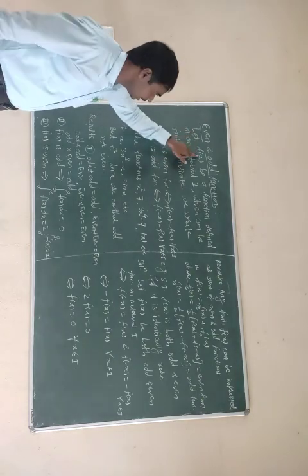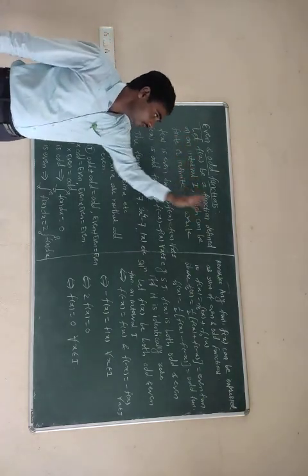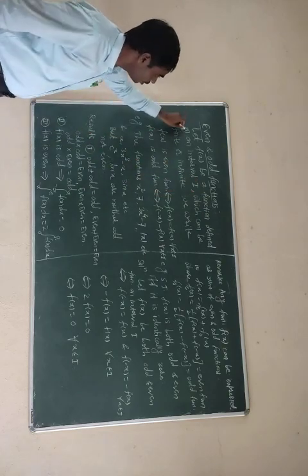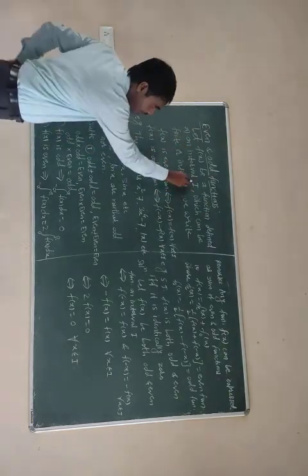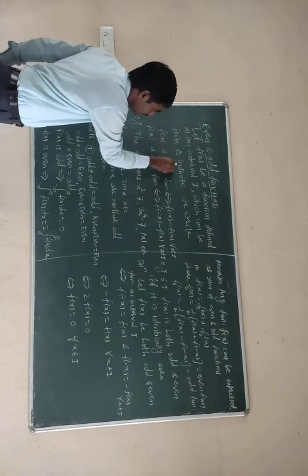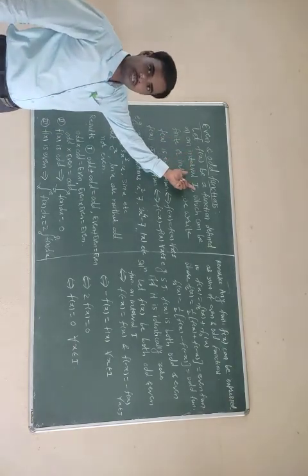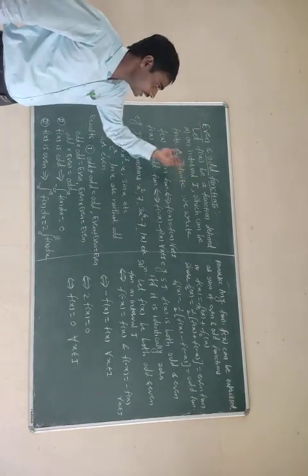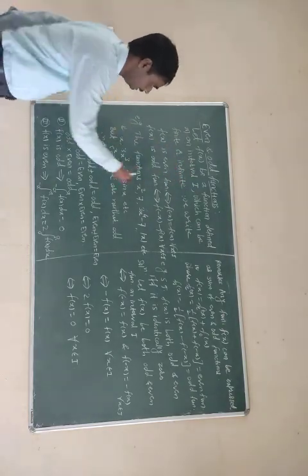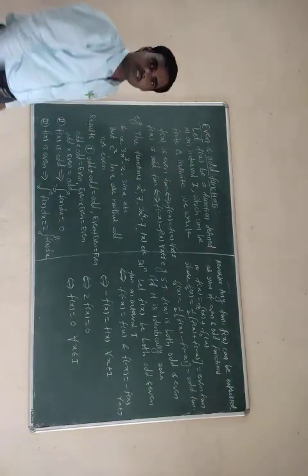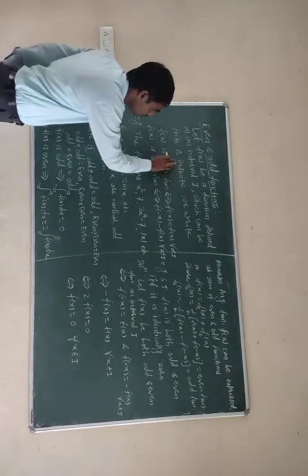Now let f of x be a function defined on an interval I, which can be finite or infinite. The function is defined on that interval, and the interval can be finite or infinite, it depends on the nature of the function.